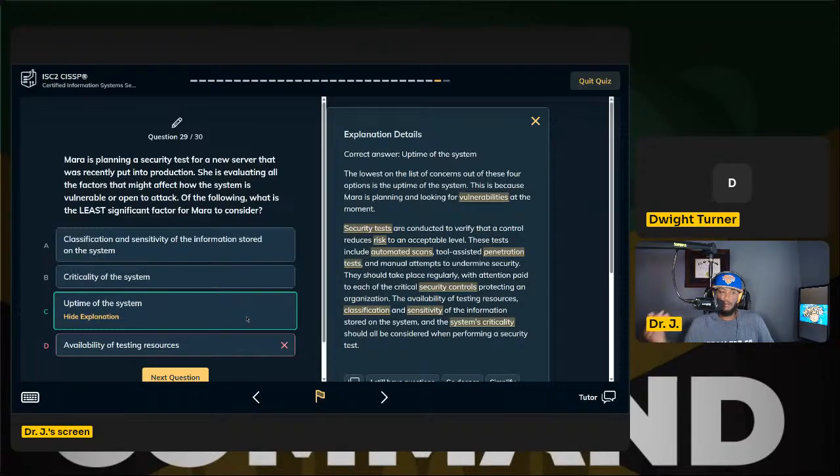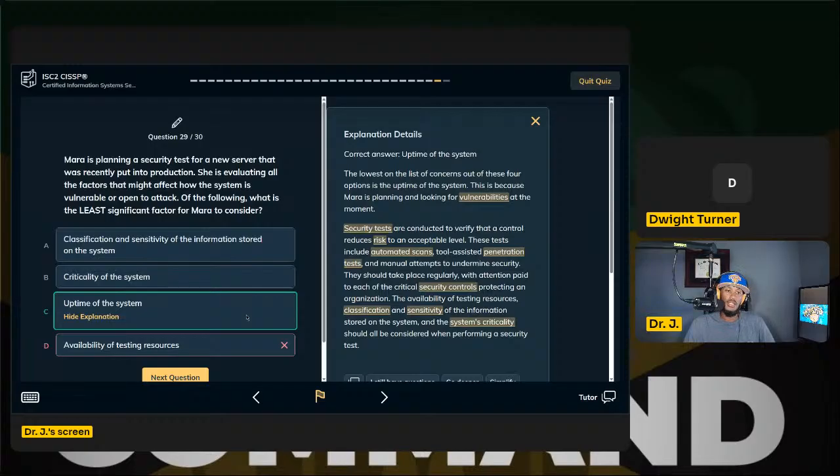That's where my mind went, and that's why I figured uptime was important. Because if an attacker does successfully compromise the network or that particular system, how much time do I have before my data is being affected? How much time can I withstand before it starts seeing real damage to the network?